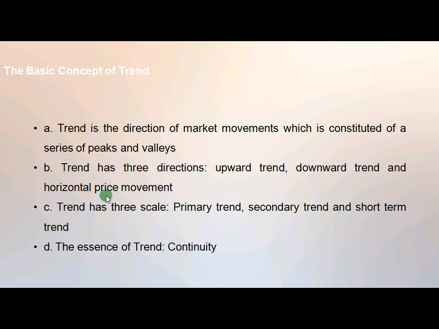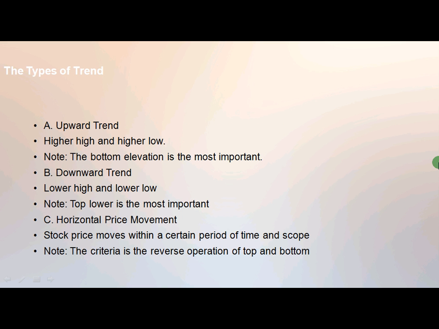So maybe you see here, if you want to trade some stocks, mostly the trend is in the sideways. Okay. The next one, trend has three gears: primary trend, secondary trend, and the short-term trend. Okay. The last one, the essence of trend, continuity. Okay. So this is the basic concept of trend. So let's see the next one.